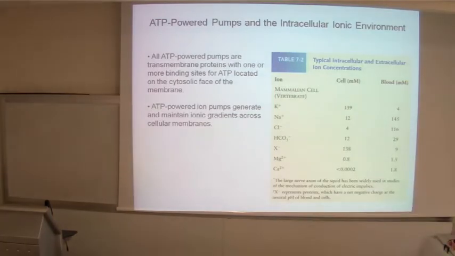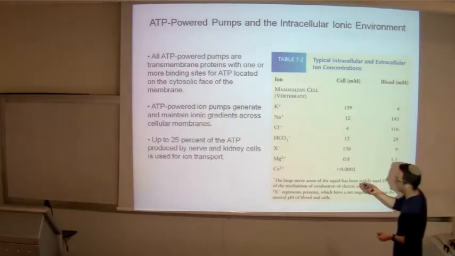Okay, so if you open a specific channel, you have to remember which direction each ion would go. And the parameters in this table are again generated and maintained by the function of ATP-powered pumps.